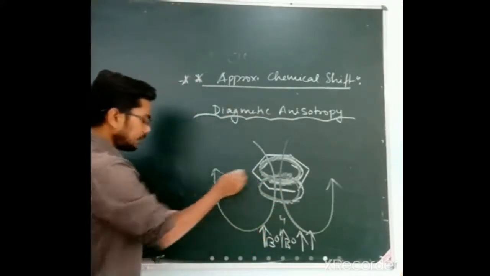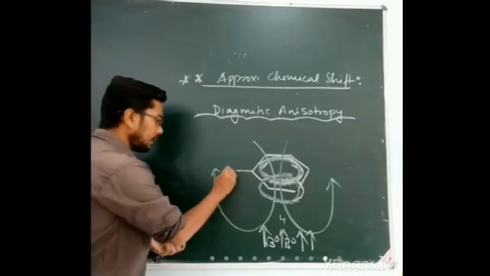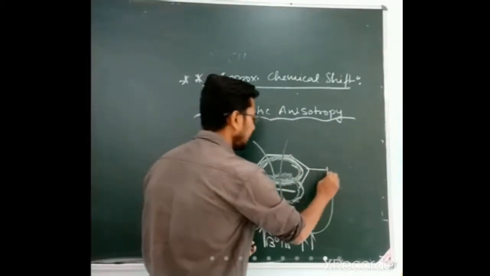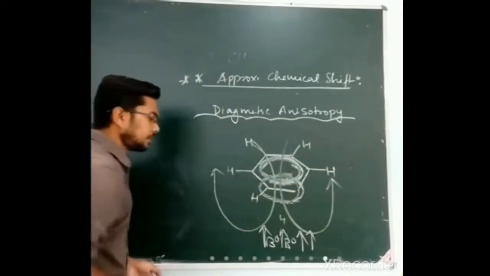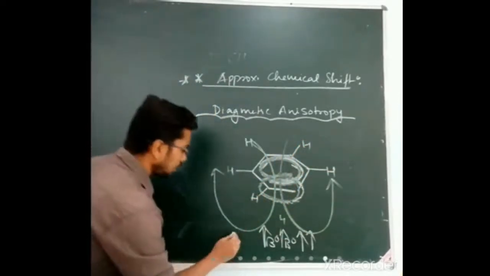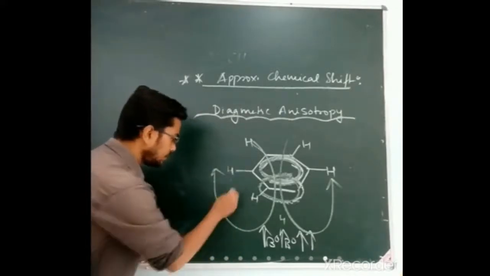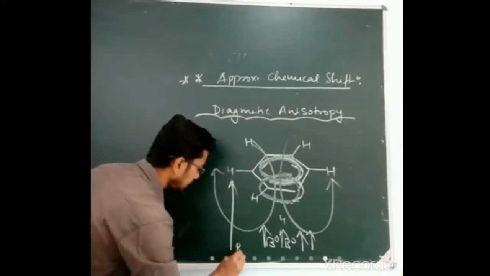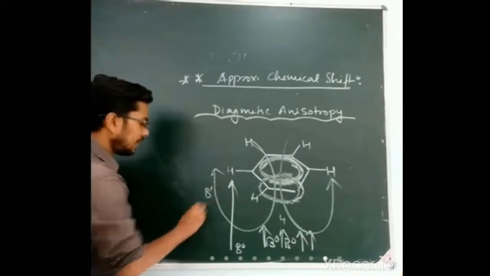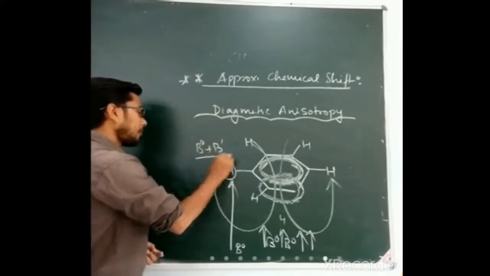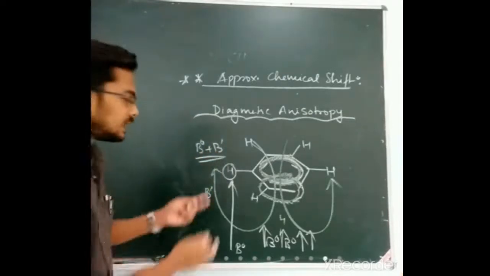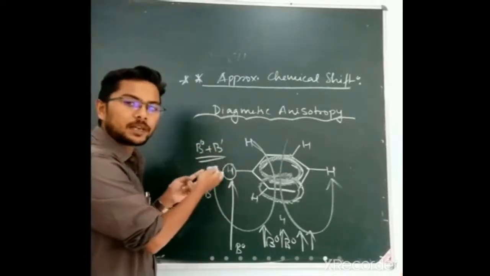But in the benzene ring, we know that the hydrogens are outside the ring in these positions. So this hydrogen which was experiencing B naught, suppose this is B dash, will now experience B naught plus B dash. So it is experiencing more external magnetic field.